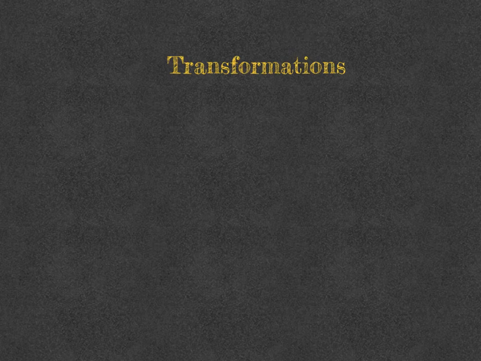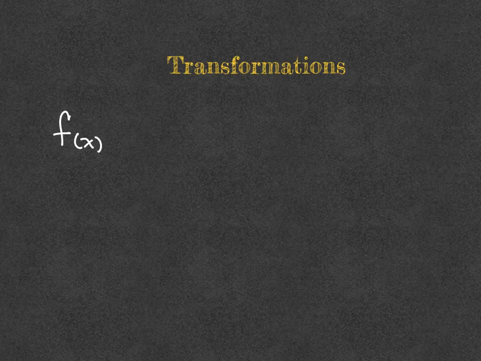Okay, everybody, this video is intended to clarify a few aspects that we've been having issues with transformations. So the first example that we're going to go over, let's say that we have our f of x. And my f of x has a number that is multiplying it. Okay, let's say a 2 right here.